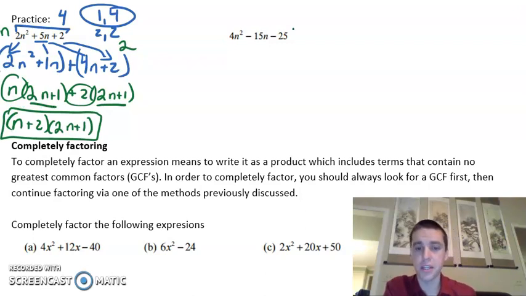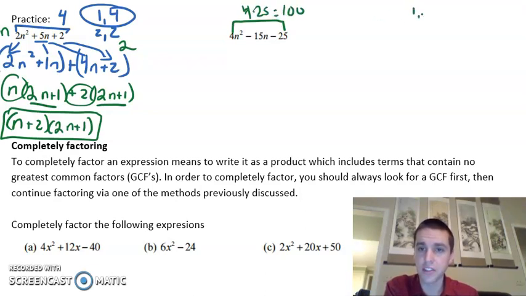Let's try it on this one and then stop, rewind if you don't understand that, or come and see me for help. Notice that the a value is greater than 1. Notice that I cannot factor a 4 out of a 15 or 25, so therefore I have to go into this type 4 factoring, which is a greater than 1. 4 times 25 equals 100.